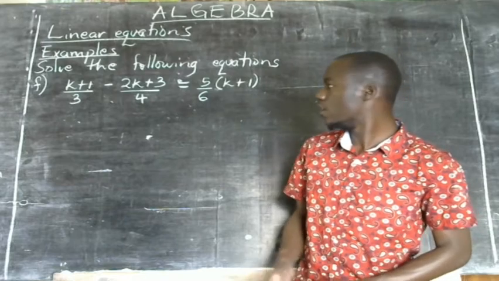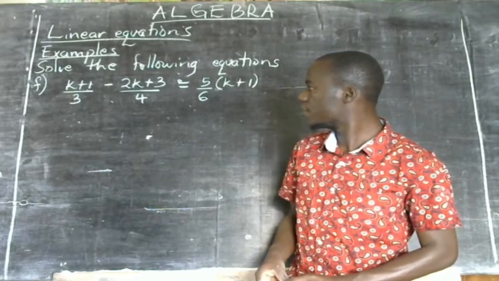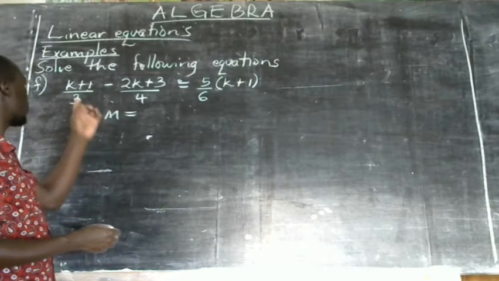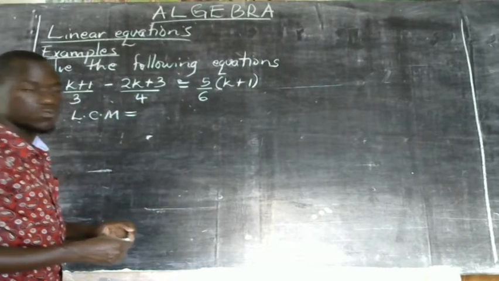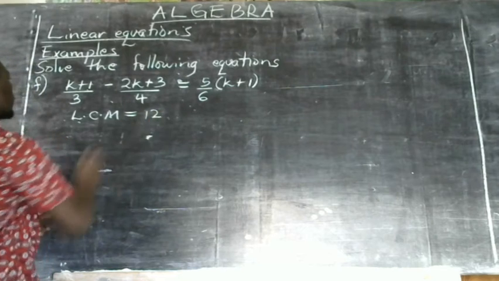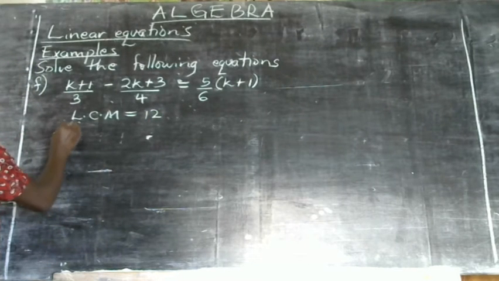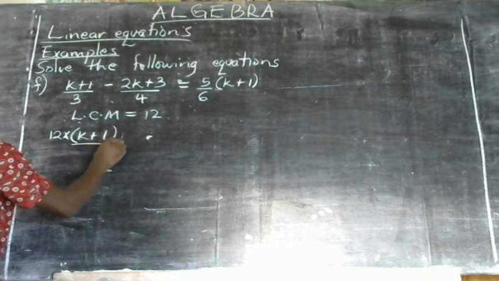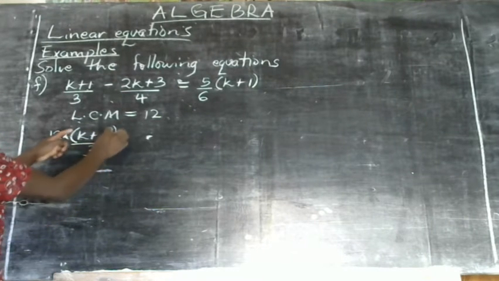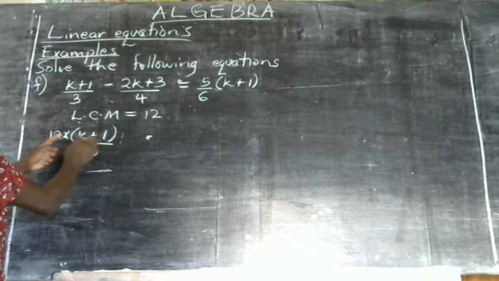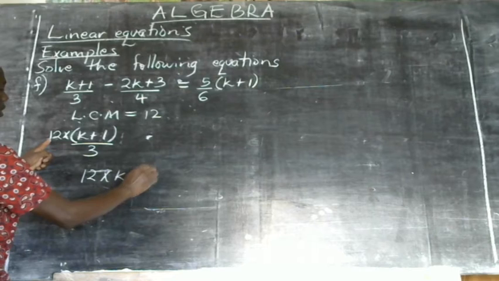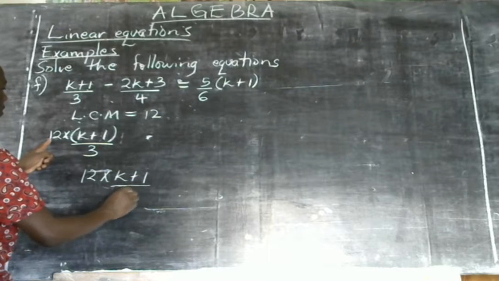Part F, we find the value of the unknown there. The LCM of all these denominators is 12. So 12 times k plus 1 all over 3. I've said I'm going to be putting brackets because this one is different from 12 times k, plus 1 all over 3.